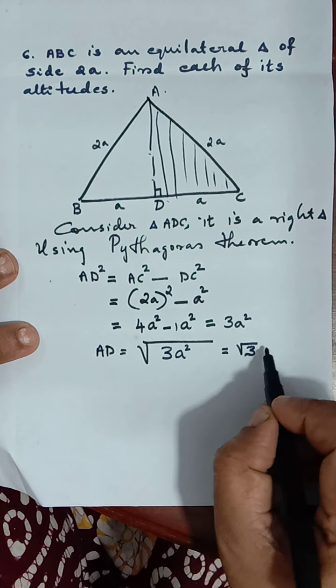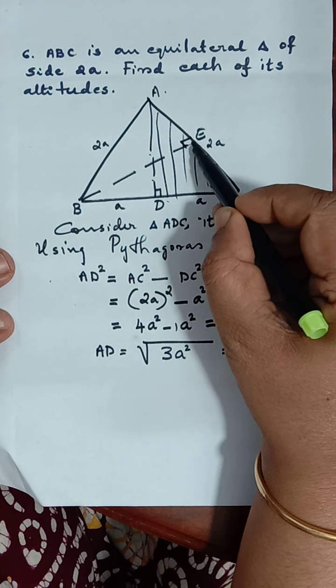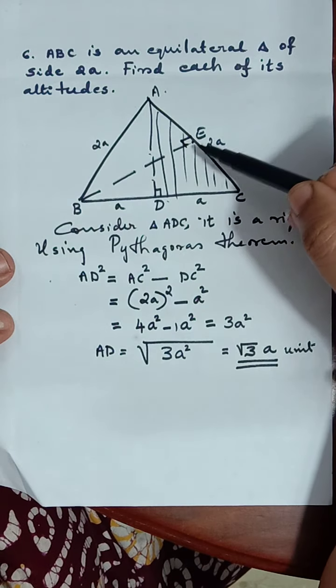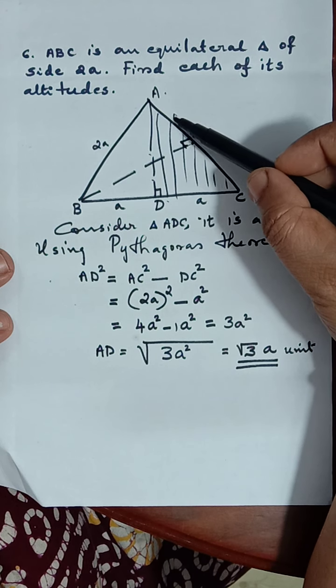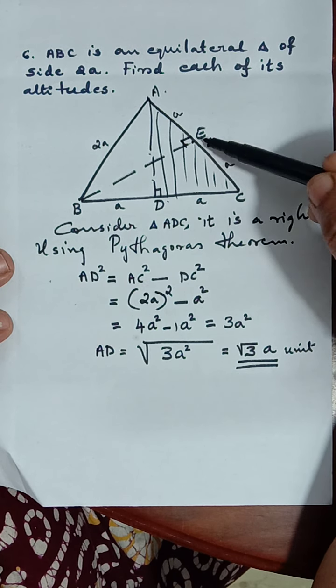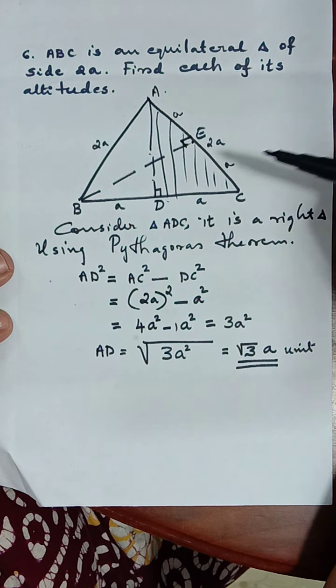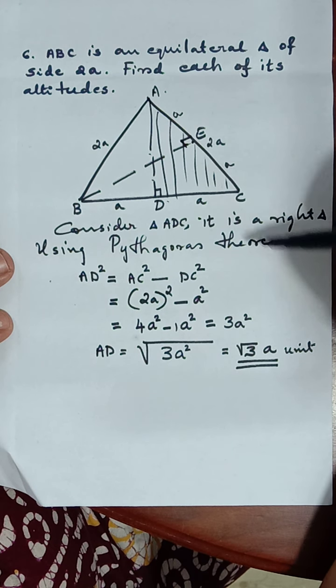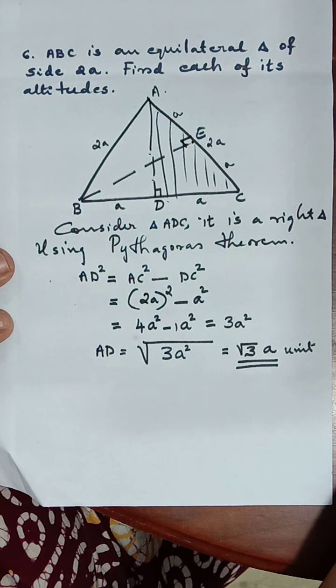And similarly, if you draw another perpendicular to the other side, BE will be another altitude making 90 degree. Here, in this case also, if you are drawing a perpendicular to the opposite side, this will become A and A, the same thing happens. Therefore, BE also will be equal to root 3A.